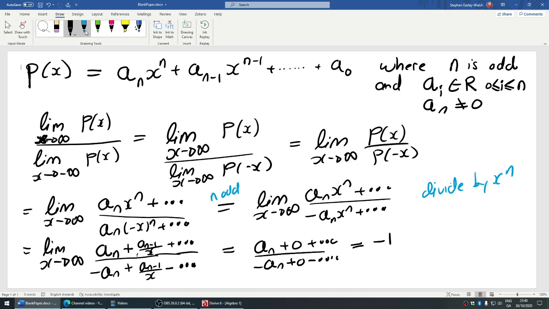So what does that tell us? Or maybe I'll try and squish it in a box here. So that means then the signs differ at the far left and the far right.